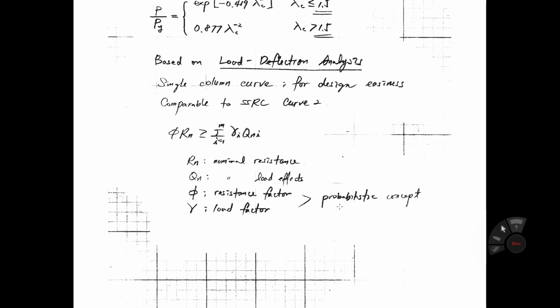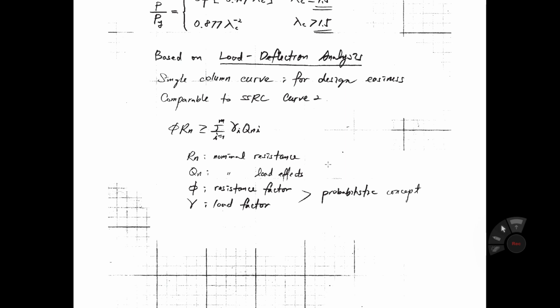Among ASD, PD, and LRFD, the most advanced column curve is the LRFD curve because they use the probabilistic concept, and they use different load factors for different loads, considering the characteristics of different load types.